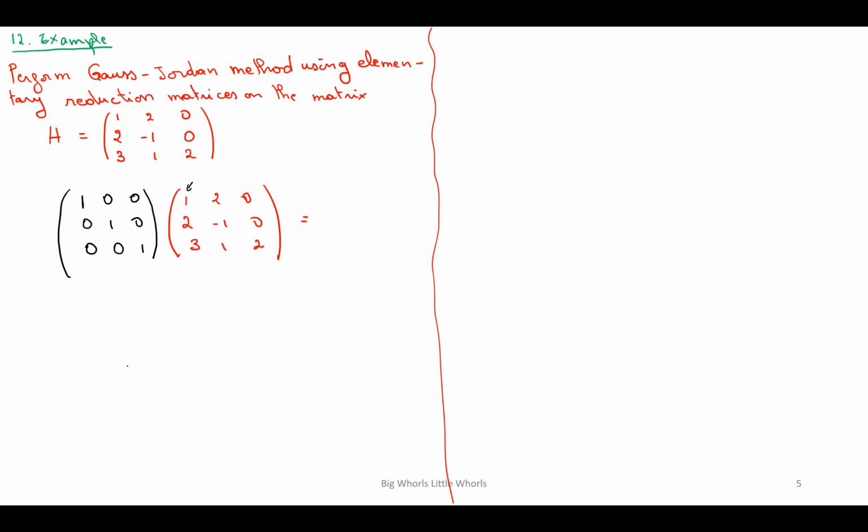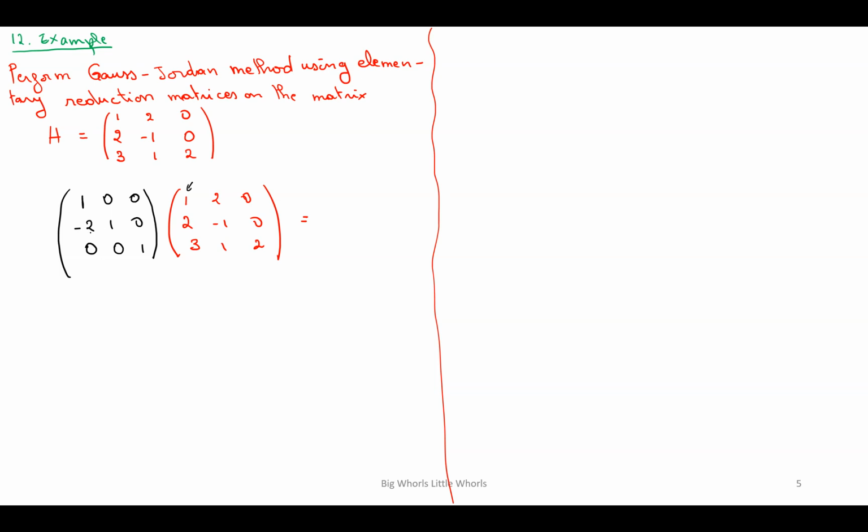So what I'm going to do is put minus 2 here, because I want minus 2 row 1 plus row 2 to help me eliminate the 2.